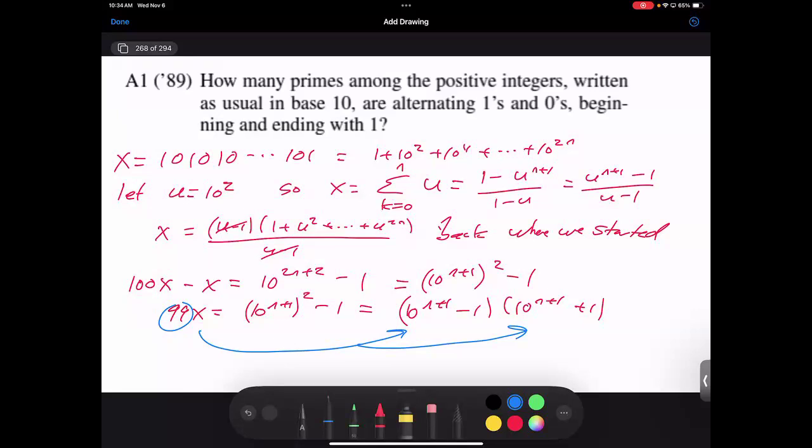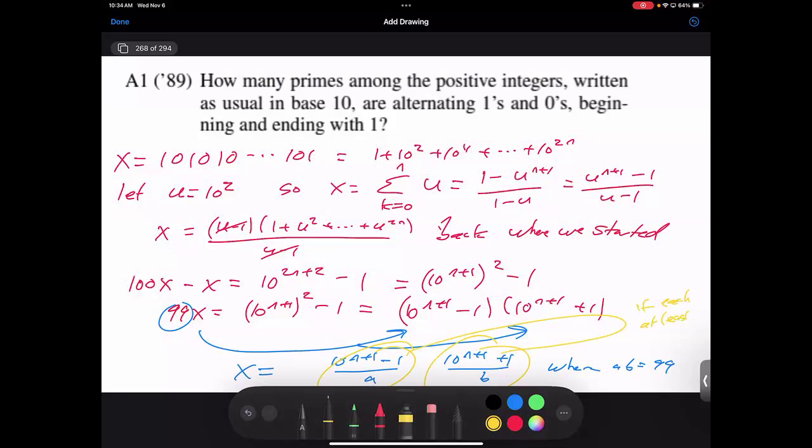So we can write x as 10 to the n plus 1 minus 1 over a times 10 to the n plus 1 over b, where a times b equals 99. I don't know which way things split, but I know I have something like that. And so if each factor is at least 2, we know X is composite.